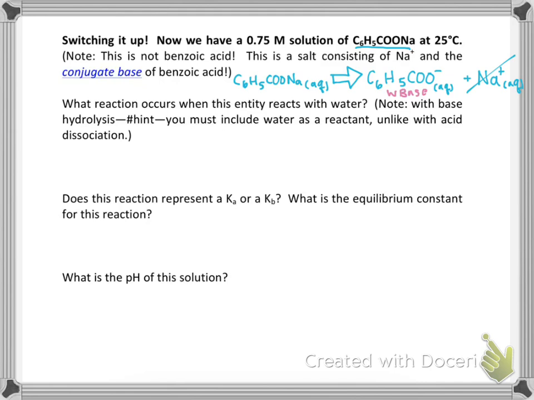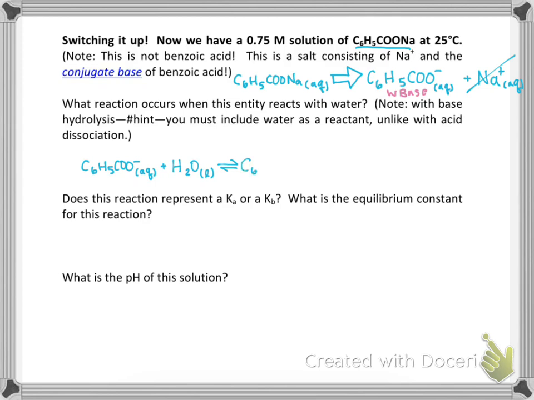So in this next step, when it asks what reaction is going to occur, we're going to write a base hydrolysis reaction. We can start with our conjugate. And in this case, we do have to include water in our reaction, and that will be our source of protons.